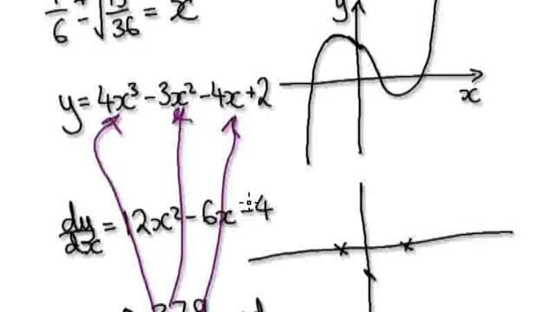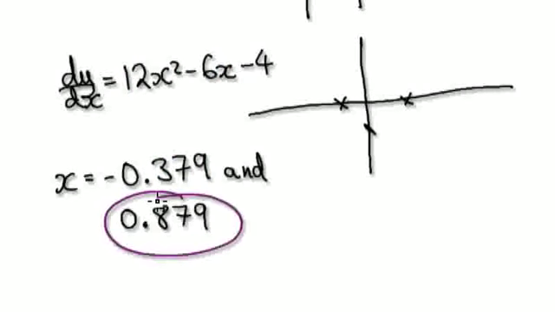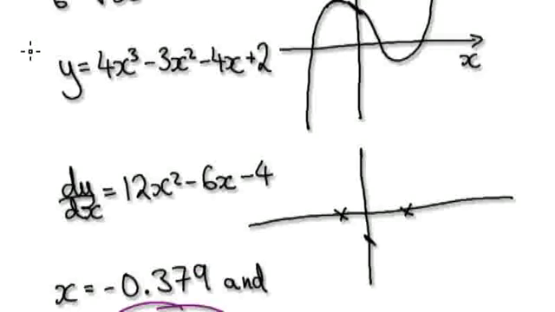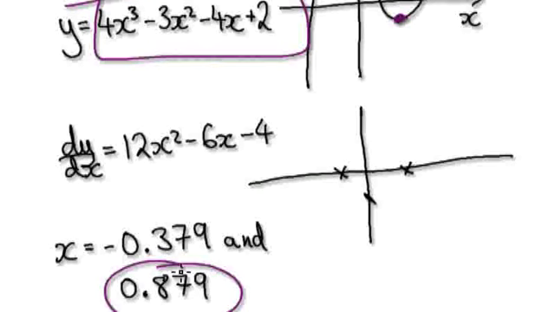If you put this number into this whole thing here, it will give you a negative value. So we know that the turning point here is below the x-axis.